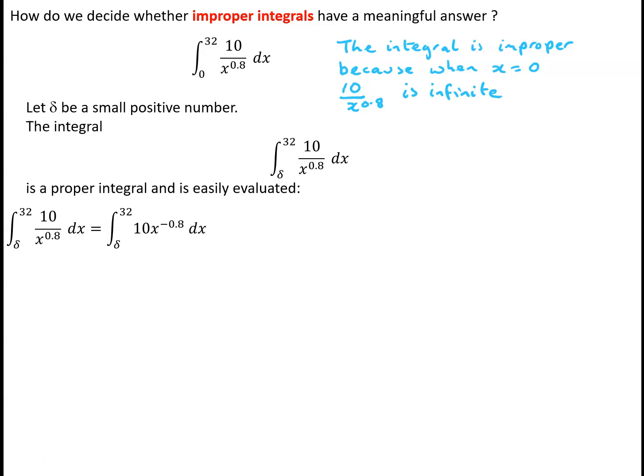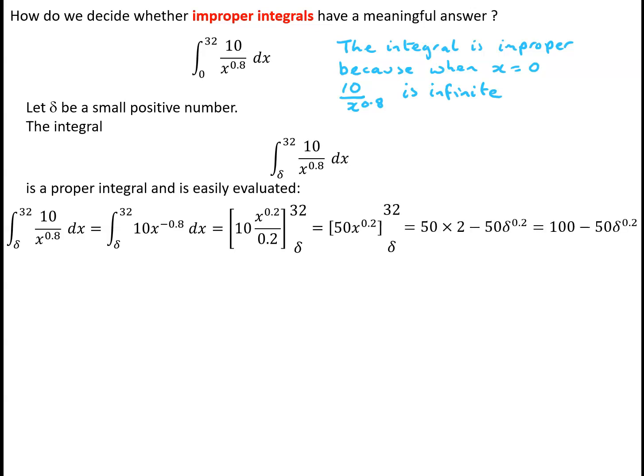Integrating 10x to the minus 0.8 gives me 10x to the 0.2 divided by 0.2, which simplifies to 50x to the 0.2, with limits 32 and delta. So that gives me 50 times 2, because 32 to the 0.2 is 2, take away 50 times delta to the 0.2. In other words, I've got 100 minus 50 delta to the 0.2.